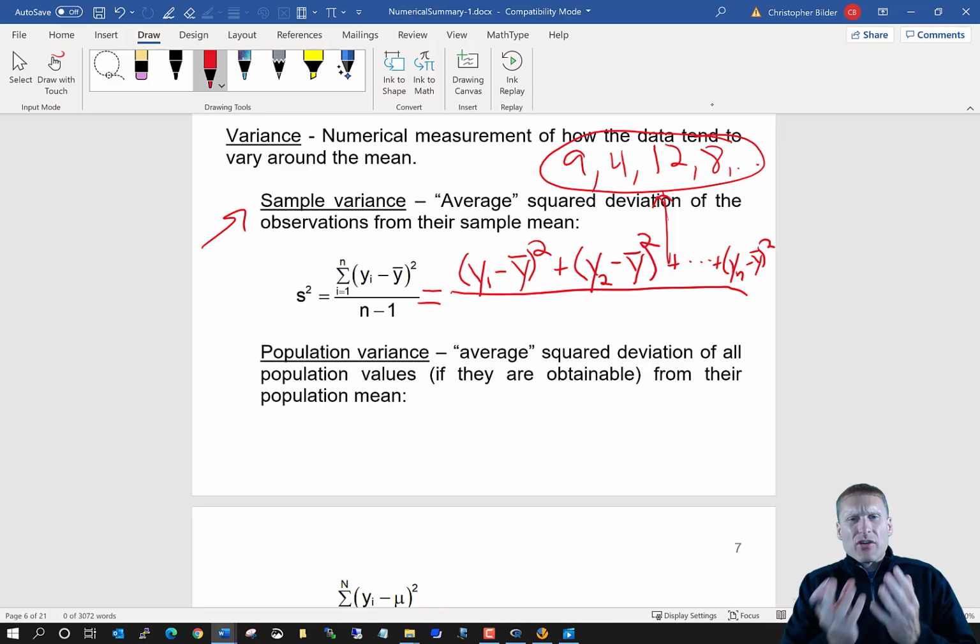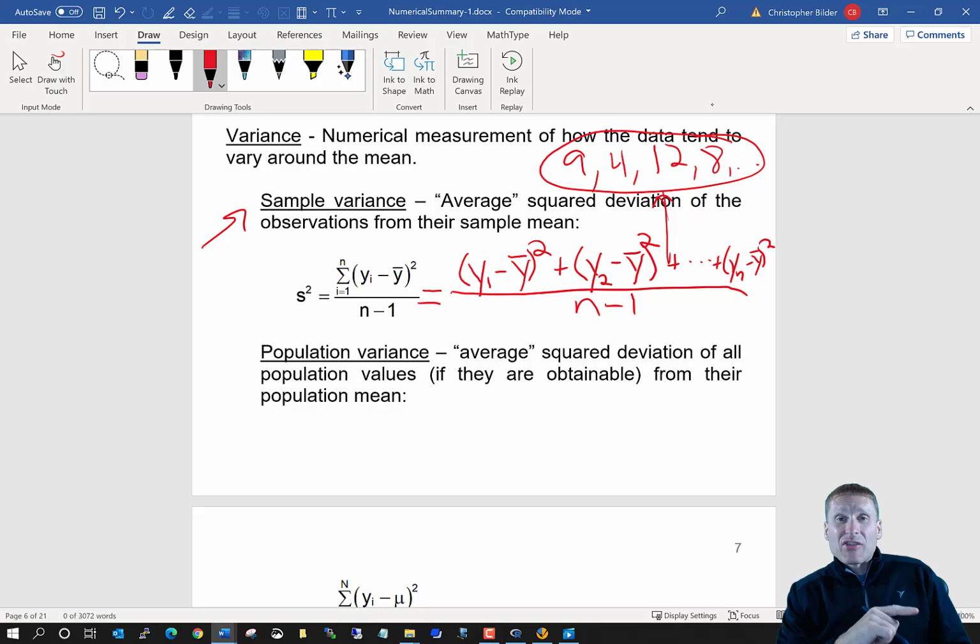What is the average squared deviation that we have here? And you might be thinking, well, okay, average value, divide by n. Well, instead we actually divide by n minus 1, because in the end, this s squared is going to be a better estimate than its corresponding measure in the population variance.